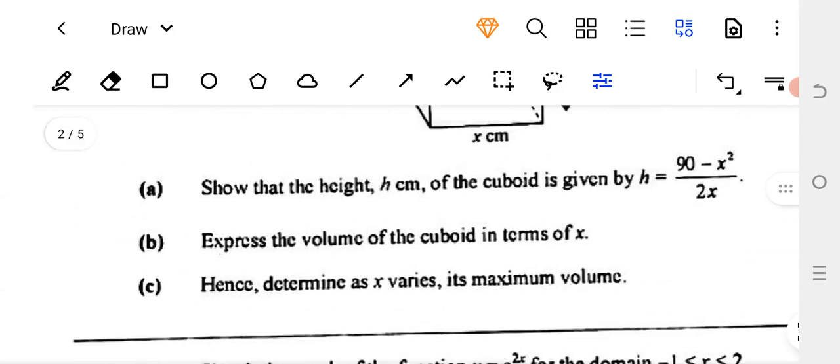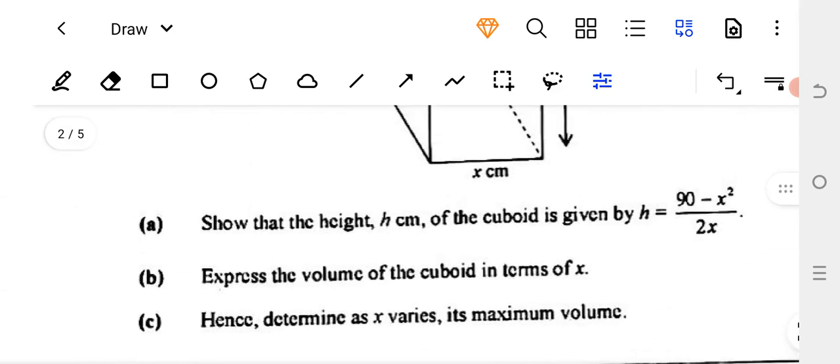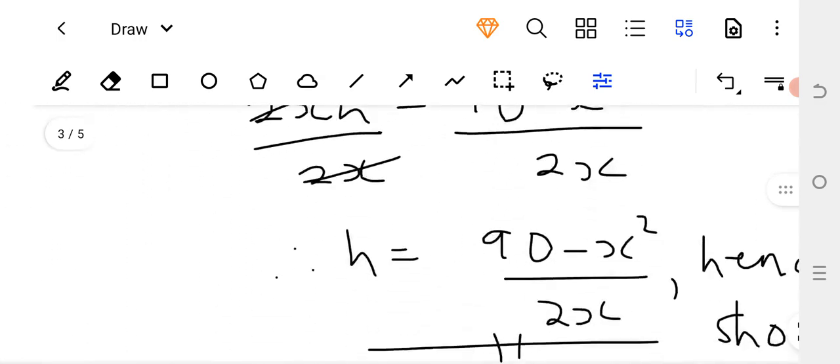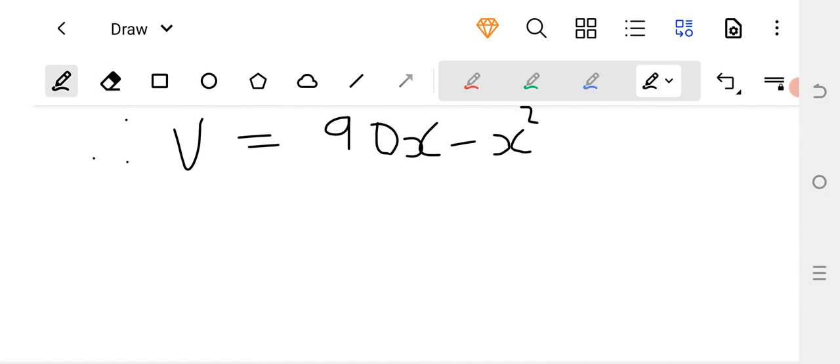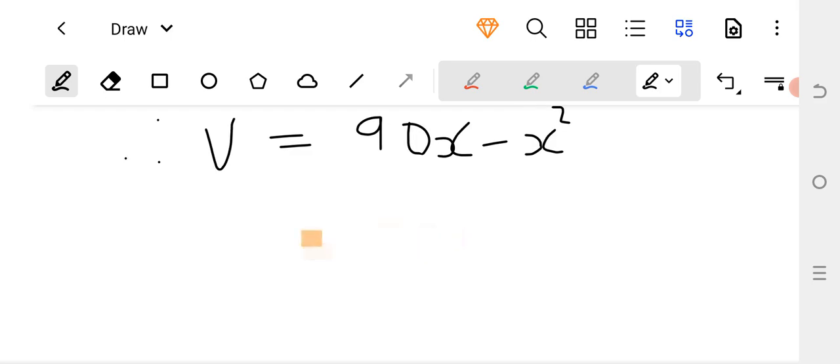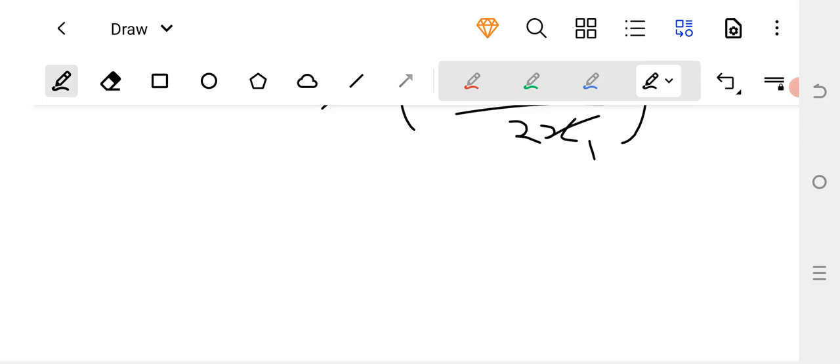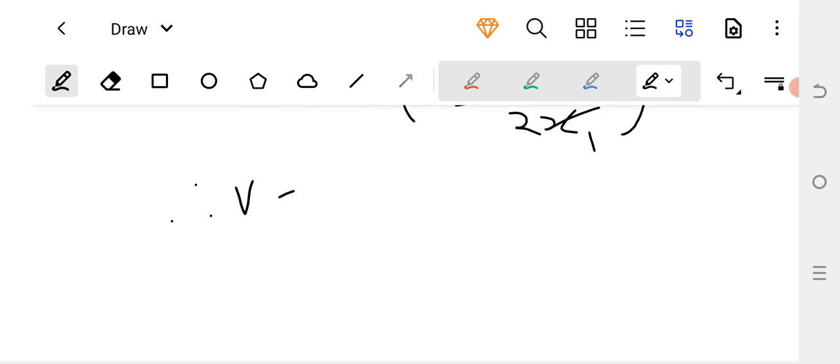Yes, so that's what they wanted you to do. If you want, you can even do it like this, which is equal to 90x minus x. Yeah, I put squared, I'm so sorry for that. I was saying something else, but I was writing something else. Okay, let's go back. We can say therefore V is equal to 90x minus x cubed.